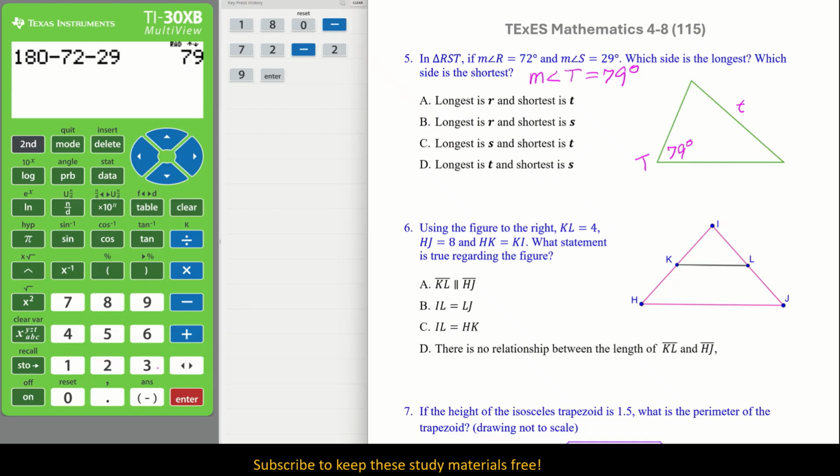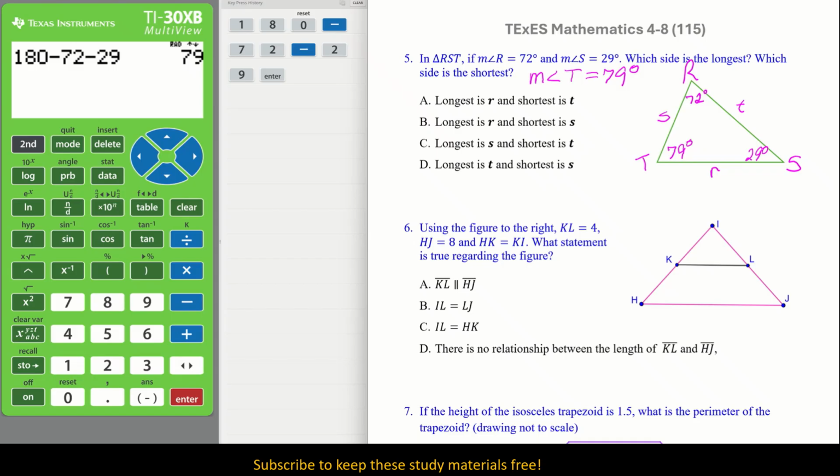All right, then looks like the shortest would be 29, which would be the smaller one. That's got to be S. And of course, this would be R. Okay, then across from S, that would be a small s. And across from R would be a small r, angle R, that is. Okay, so this would be the 72 degrees.